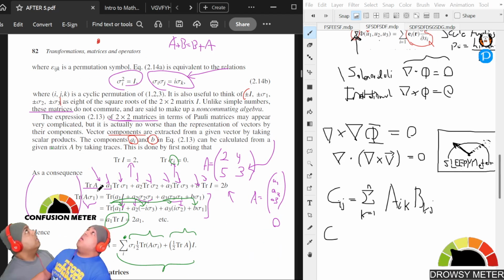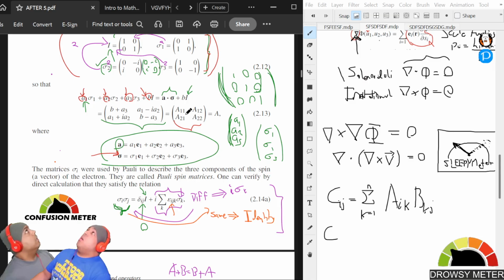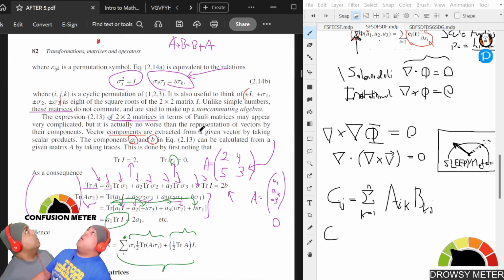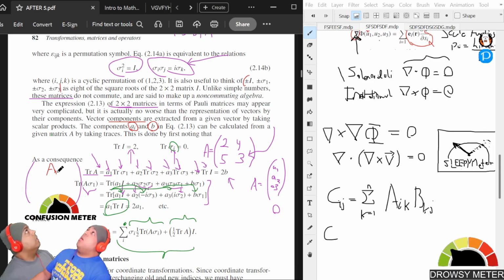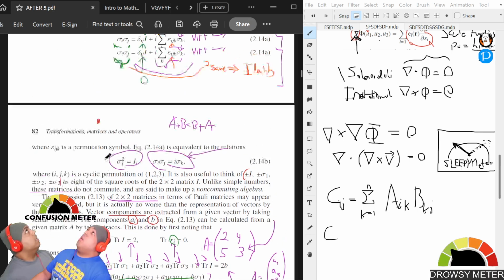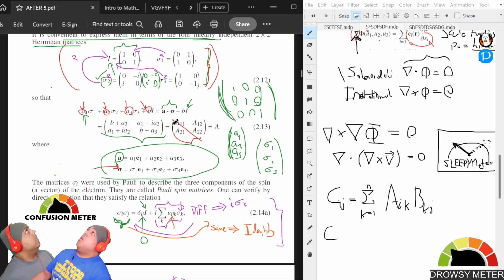The trace of A is A11 plus A22. So supposedly the trace of A should be the trace of the combination of these guys. Does that make sense?